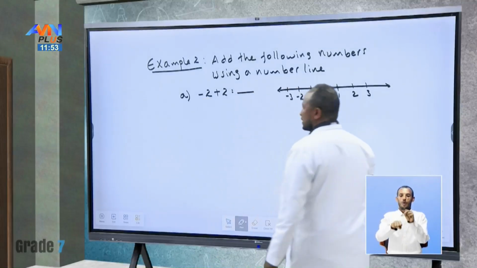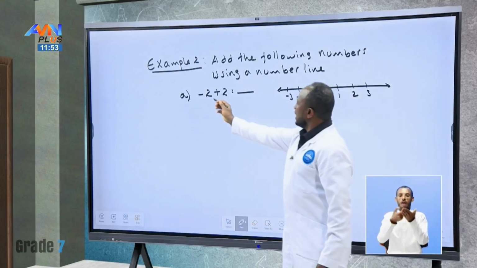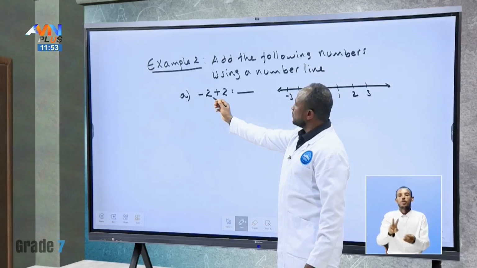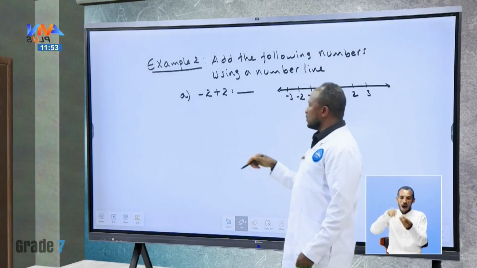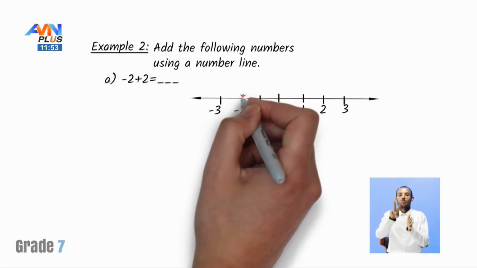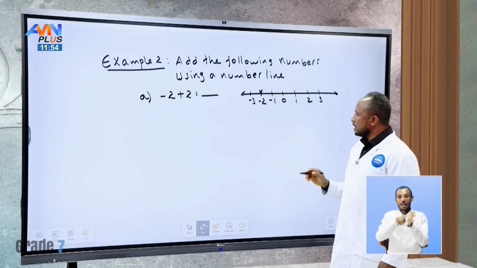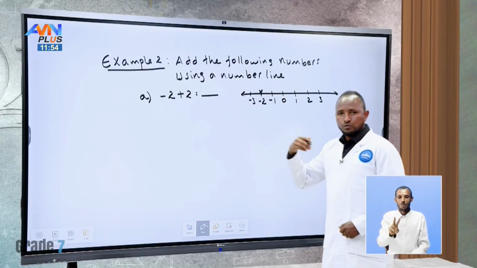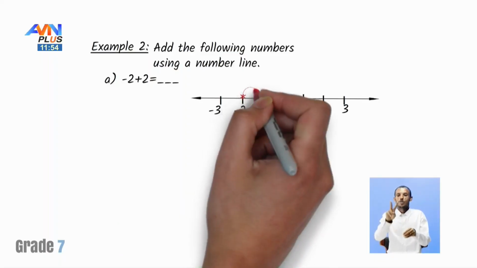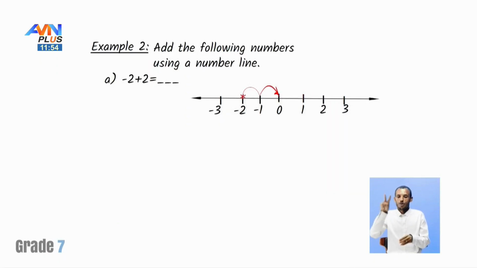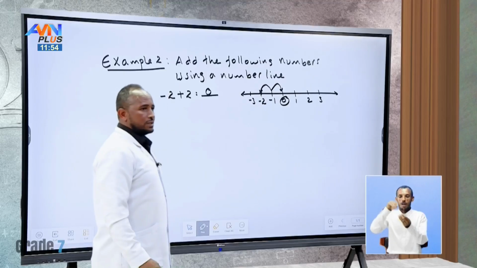So, the question here, -2 plus 2. On -2, you add 2. Where is -2? -2 is here. On this -2, you add 2. That means you move 2 units to the right: 1, 2. So finally, you get this answer. The answer will be 0. So -2 plus 2 is 0.